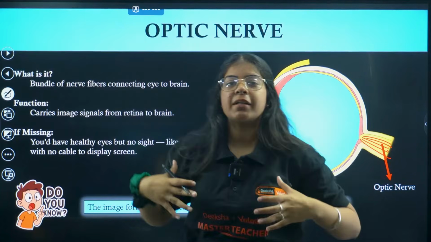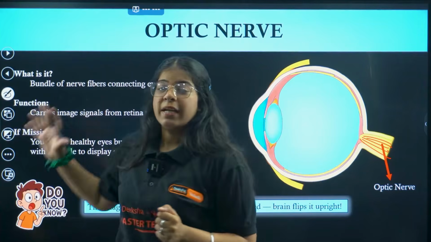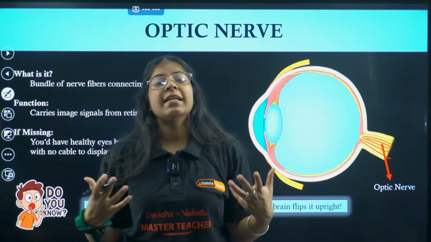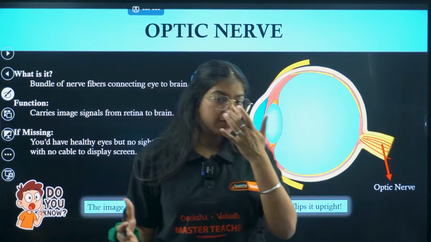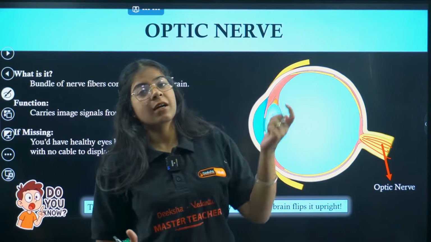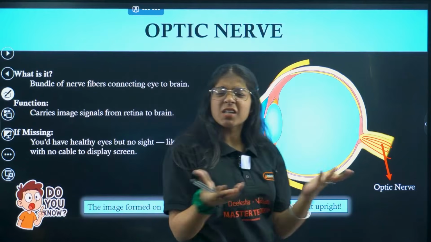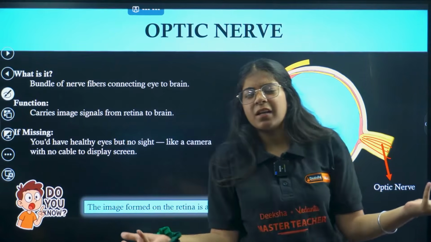Whether I'm looking at the camera, at you guys, or at this board, what deciphers that? The brain deciphers that, and for that the brain needs electrical signals, which the optic nerve passes from our eye to the brain. Its function is to carry electrical signals from the retina to the brain.